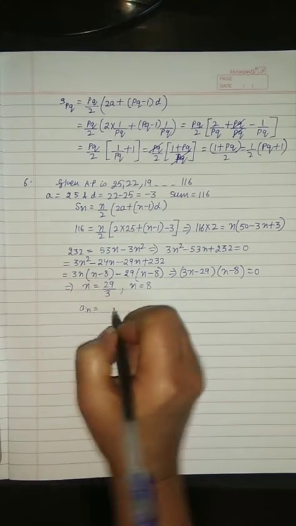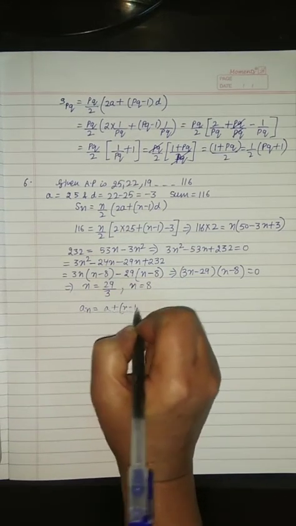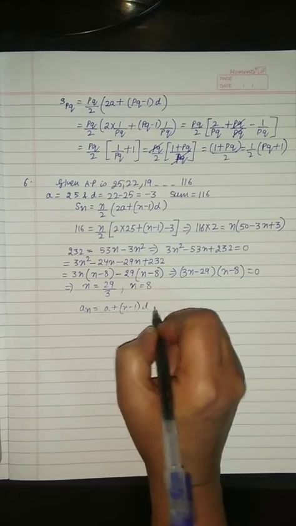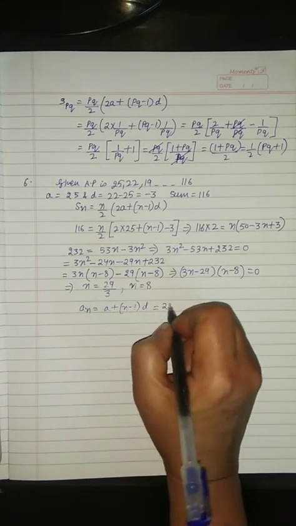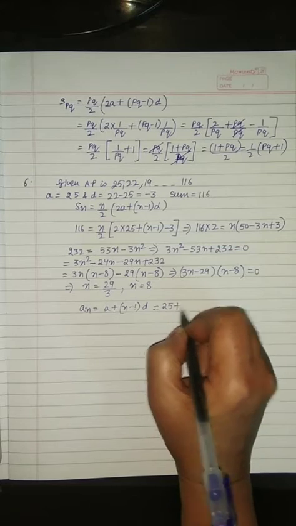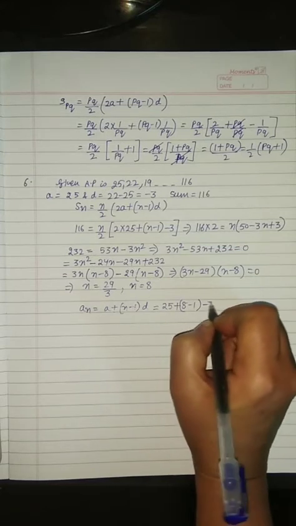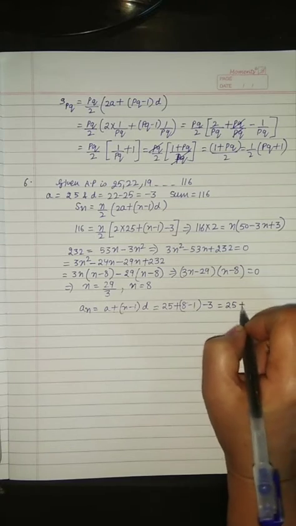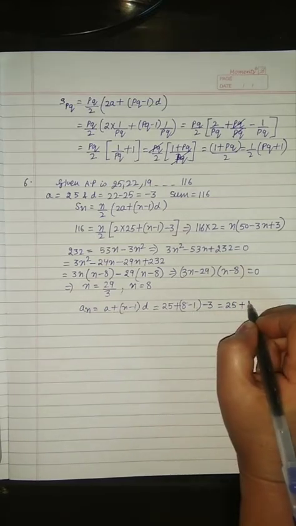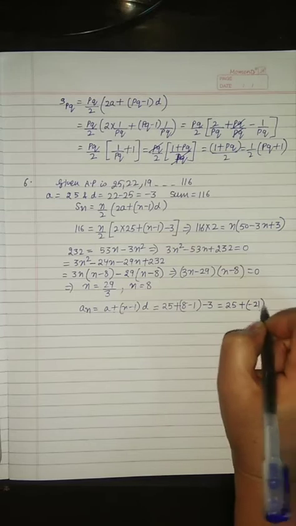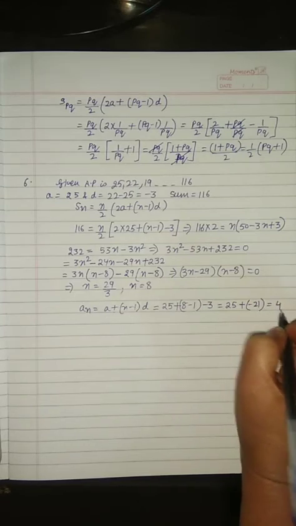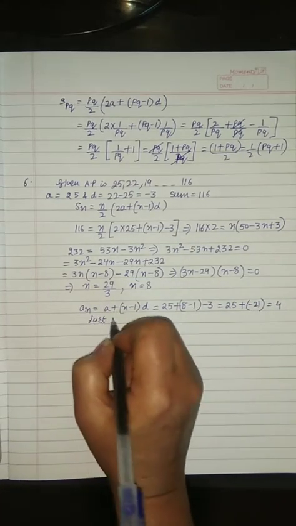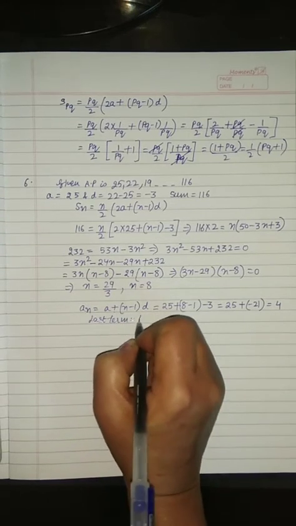So an is equal to a plus n minus 1 times d, where a is 25, n is 8, so 8 minus 1, and d is minus 3, which is equal to 25 plus 7 into minus 3, that is minus 21, which is equal to 4. So the last term of this AP is 4.